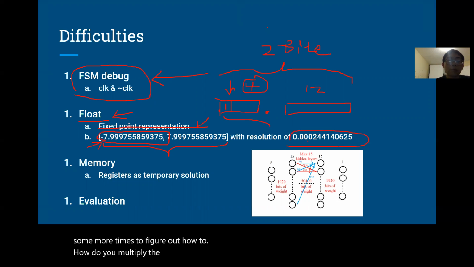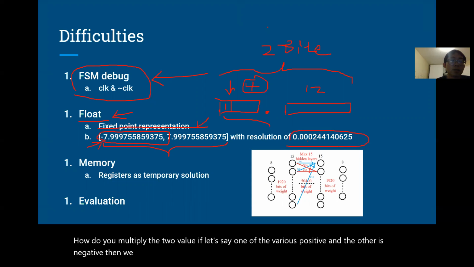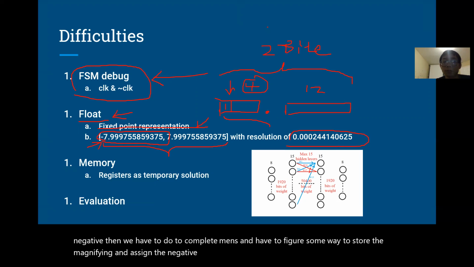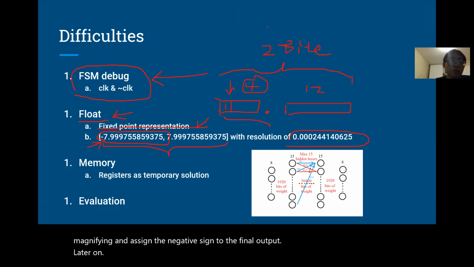If, let's say, one of the values is positive and the other is negative, then we have to do 2's complement and figure out some way to store the negative sign and assign the negative sign to the final output later on.